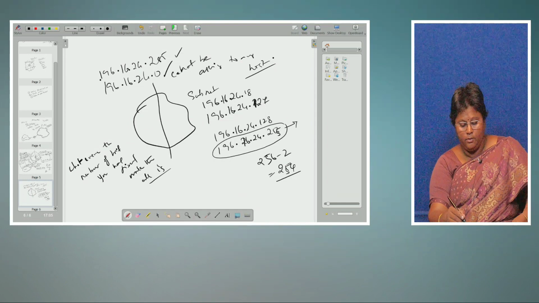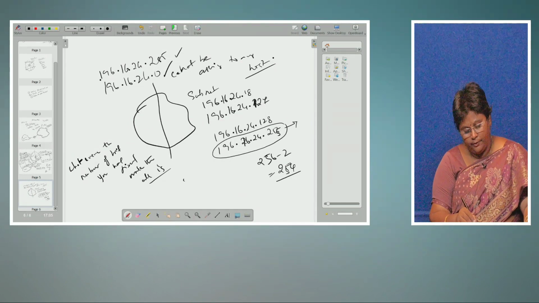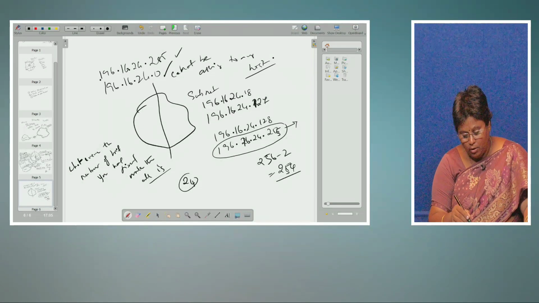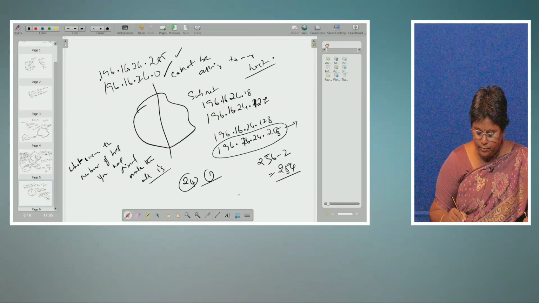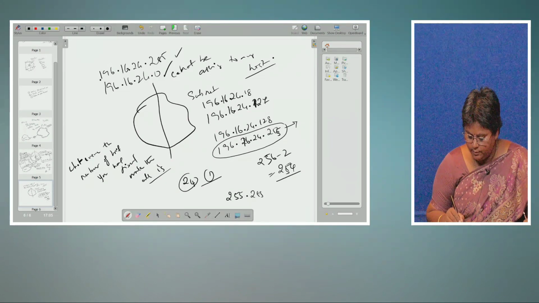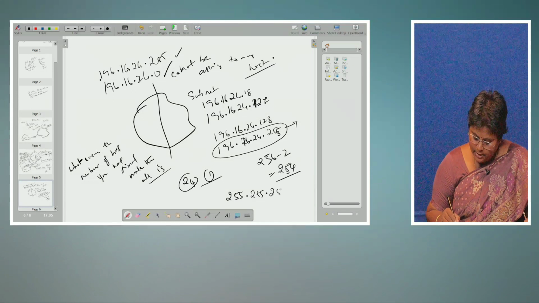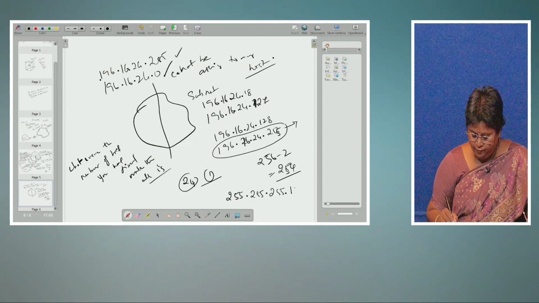So how many bits are fixed? The network address bits, that is, 24 bits are fixed. Along with that, one more bit in the last octet is also fixed. So 24 bits means the first octet is 255, the next octet is 255, the next octet is 255. All bits are ones. In the last octet you'll have one fixed bit, which is 1.